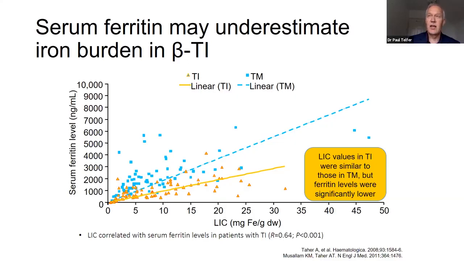So the parameters in terms of serum ferritin, if you don't have a liver iron concentration, for deciding when to start chelation and how much chelation to give, would be slightly different with non-transfusion dependent thalassemia. And I know that there's a question on the blog about this, which I can maybe answer afterwards.